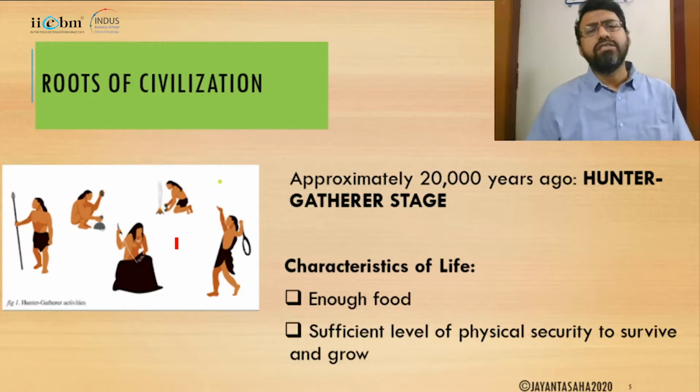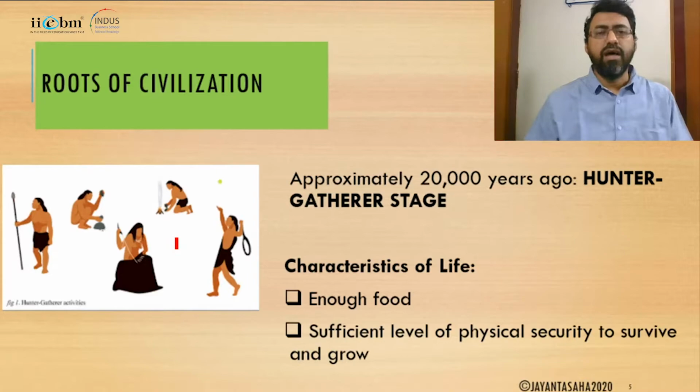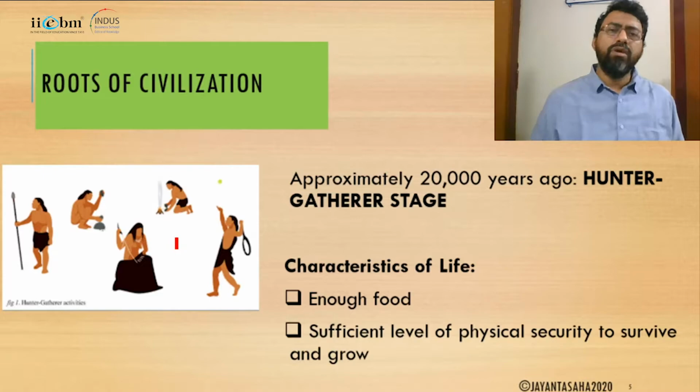These are our ancestors whom we have to be grateful for, because if they were not innovative enough as a species to survive in the wild, we as a species would not be here today. There are lots of species that have become extinct in the wilderness. So human beings as a species have survived.